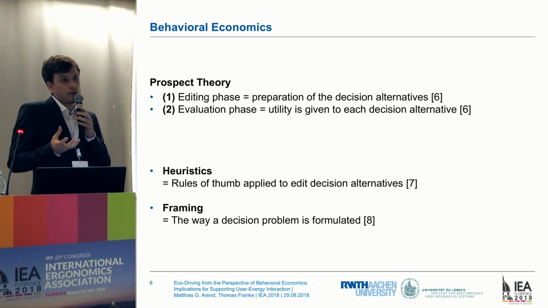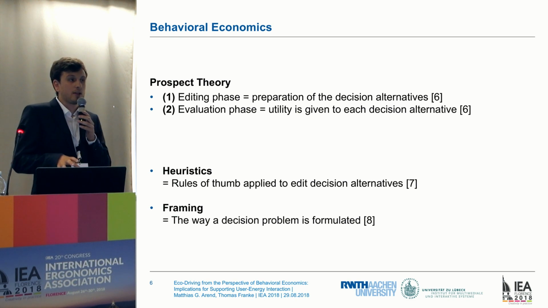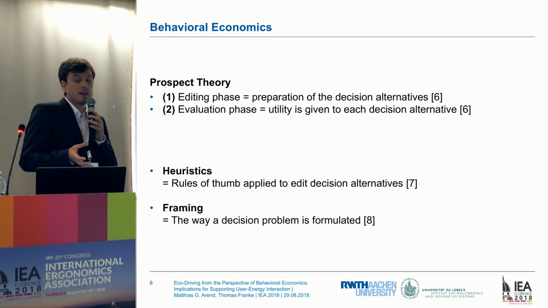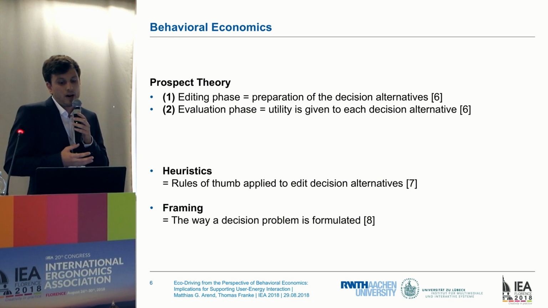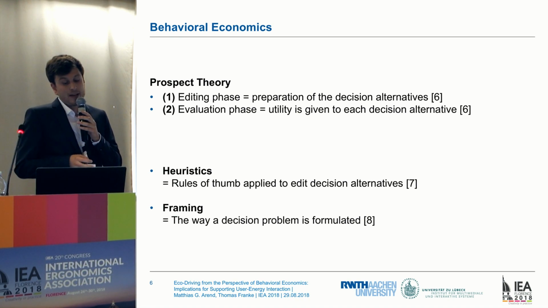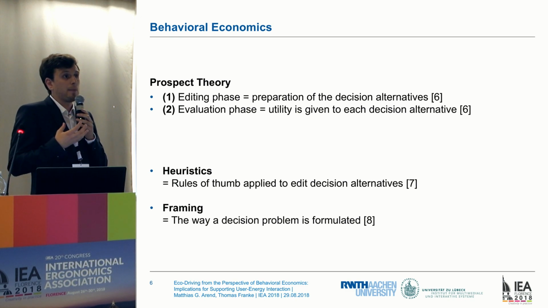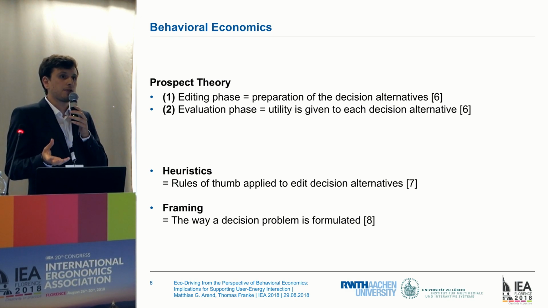At the end, we choose the decision alternative which has the highest value. This is not always done, so this is a bounded rationality theory. It might sound like the decision is quite rational, but it is not, because humans do not gather all the information. They use heuristics, which are rules of thumb, and they apply them to edit the decision alternatives.